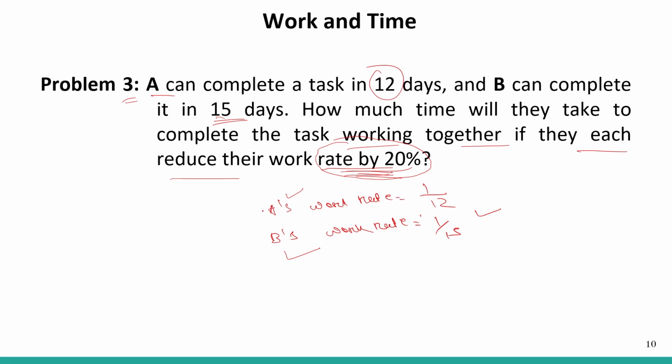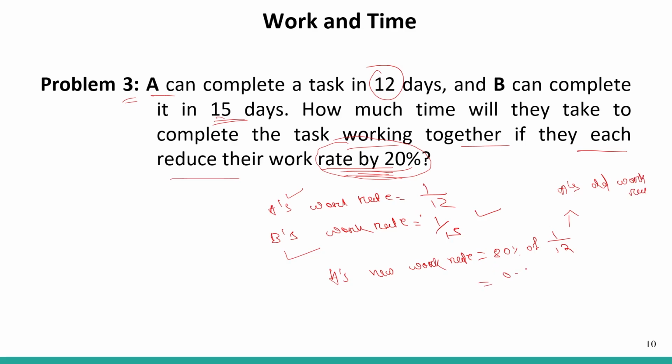So A's new work rate will be 80% of 1 by 12, that is actually A's old work rate, right?